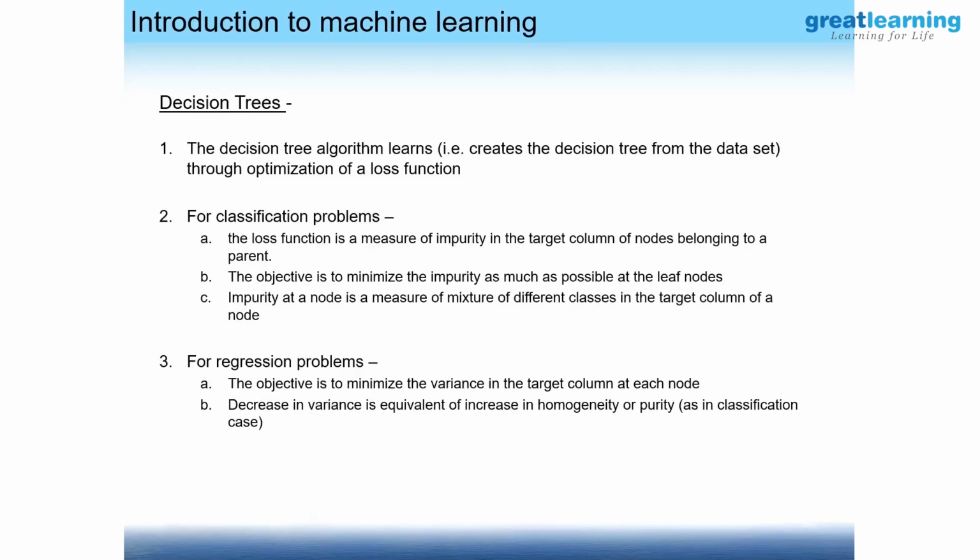So can I say that uncertainty is a function of heterogeneity? The more heterogeneity there is, the more uncertainty there is. Can I say that uncertainty is inverse of homogeneity? Homogeneity is also known as purity. So when you're studying decision trees, you'll come across two words.